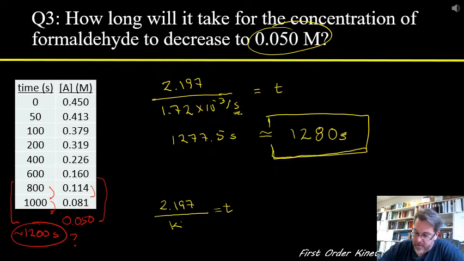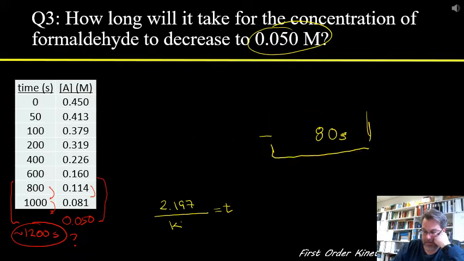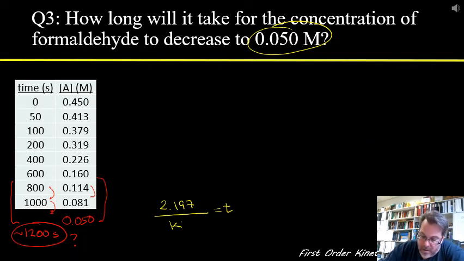Okay. All right, and as before, you've got a bunch of data here. You can do this same calculation on your own. Try it a couple of times. You could say, for example, the concentration of A is 0.200 molar.